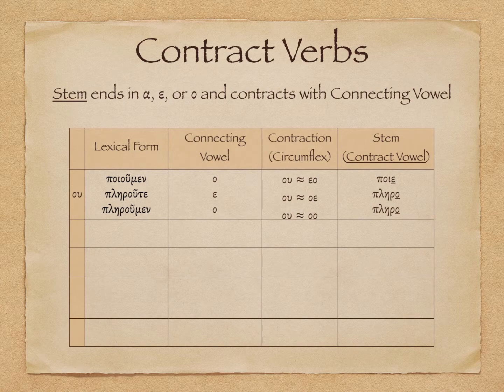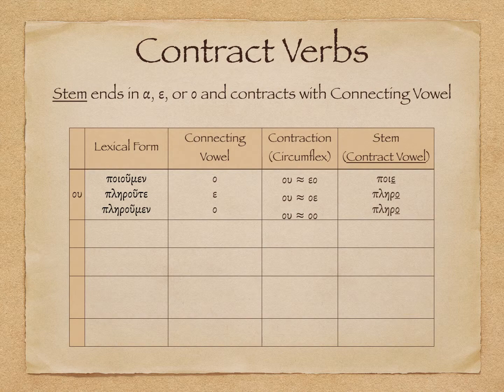Those contract along five patterns, if you will, or there are five primary rules. There are a few more, but we want you to focus on these five, and you'll be well on your way if you know these. The first contraction that takes place is omicron upsilon. That's what it looks like, ou, and you'll notice that there's a circumflex over the word, and that gives you a clue that there's a contraction.